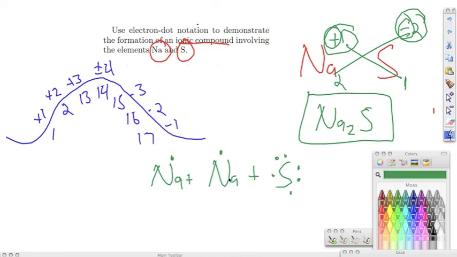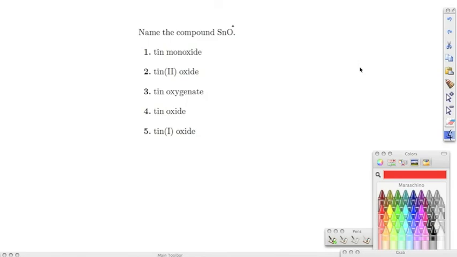So we would look for the electron dot structure that shows each sodium giving its electron to sulfur. Our answer is going to be a combination of this formula plus this electron dot. Main thing here, make sure you remember that electron dots are valence electrons, and our formulas are oxidation numbers. All right, guys, moving on to the next one.